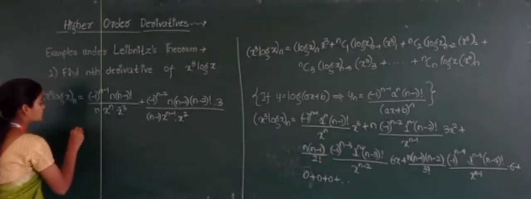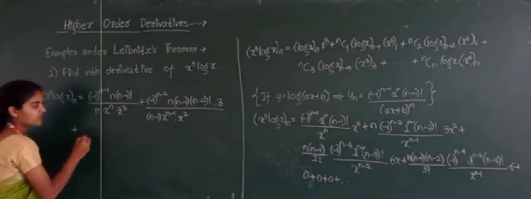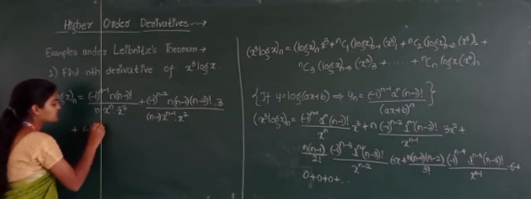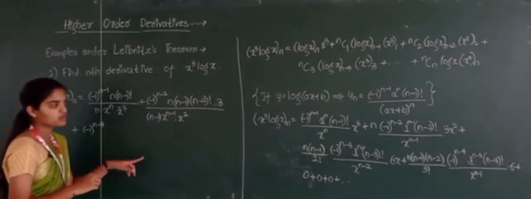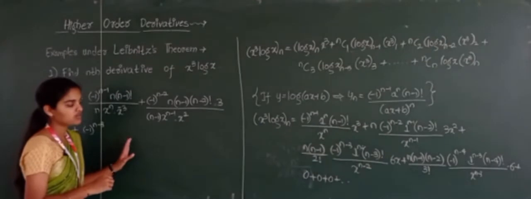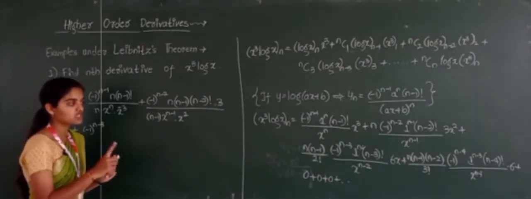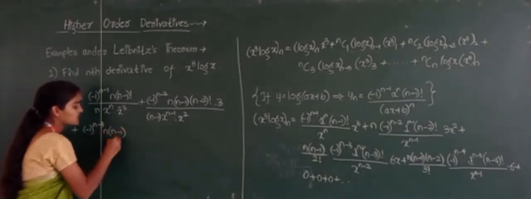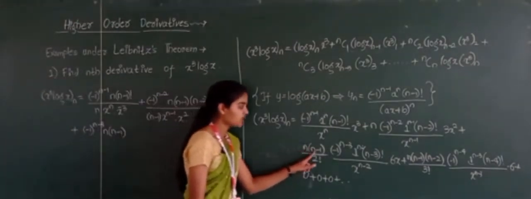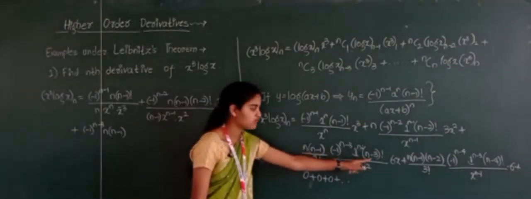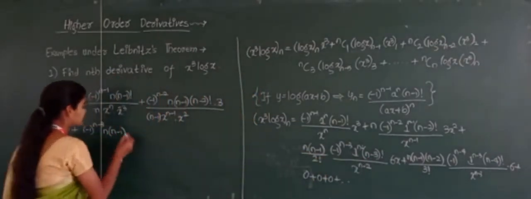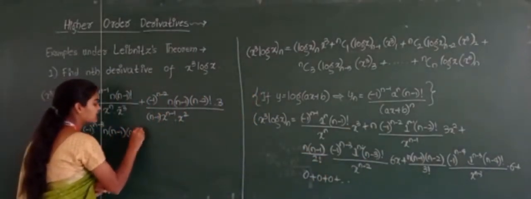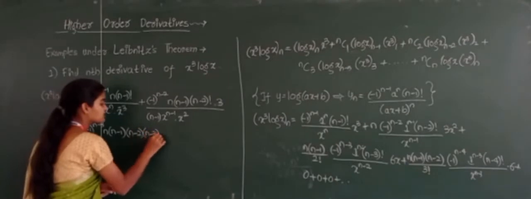So, yes, continue that, that is minus 1 raised to n minus 3. Again minus 1 raised to n minus 3, sorry, 1 raised to n minus 2 is again 1. Then here n into n minus 1 is already here. I will take that with respect to n minus 3 factorial, and in this term I will multiply and divide by n minus 2.